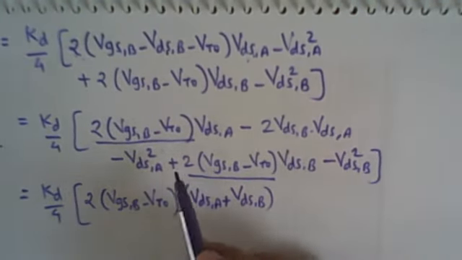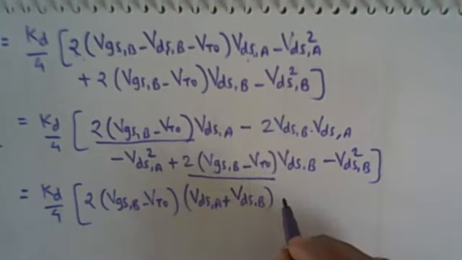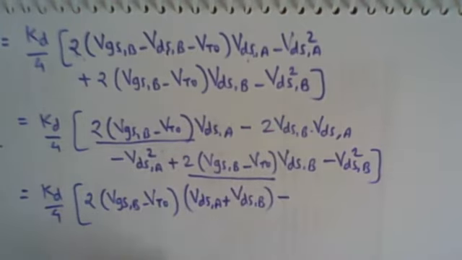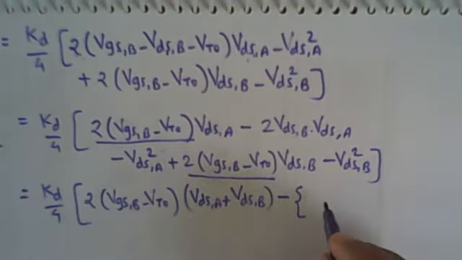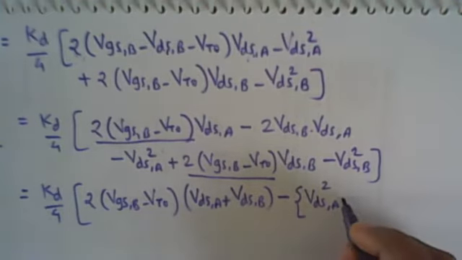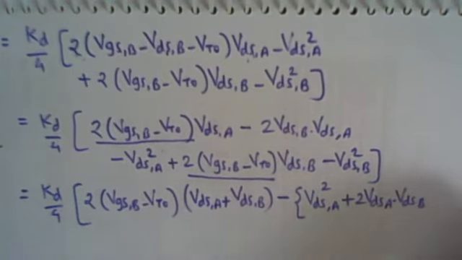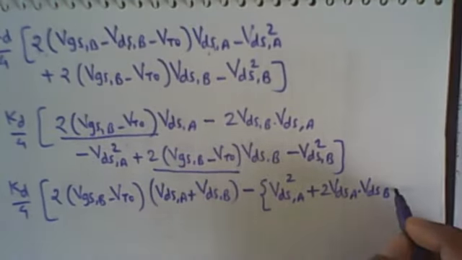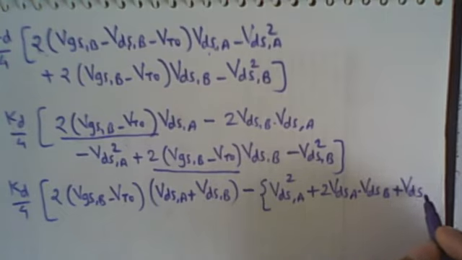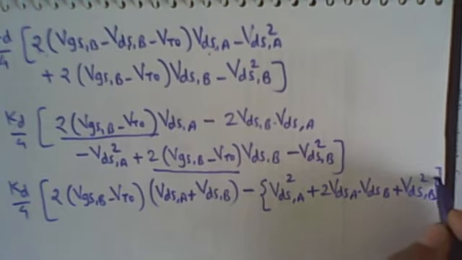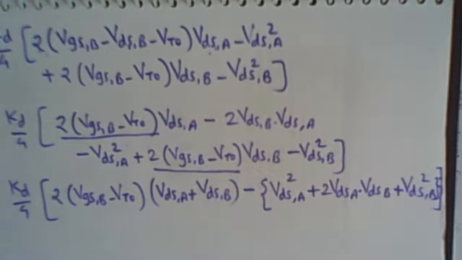Next term, let me take the minus common from this. So in the bracket we will get VDS of A square plus 2 times of VDS of A into VDS of B plus VDS of B square. Curly bracket complete and then square bracket complete.